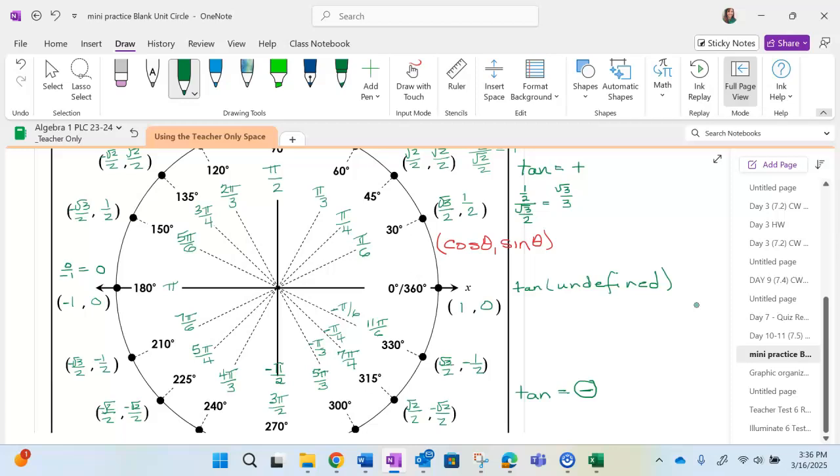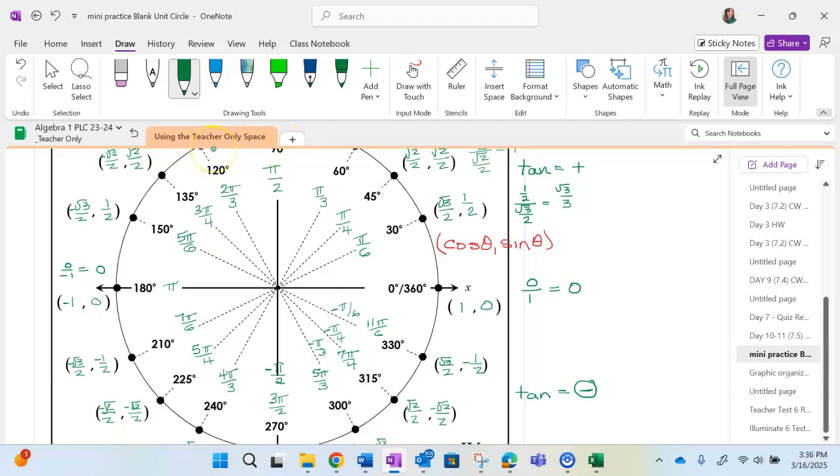Okay, remember sine over cosine. So let me erase this. I don't know why I wrote this. So it would be sine over cosine. So it would be 0 over 1, which is 0. That works. 0 degrees, okay? Or 0 pi.